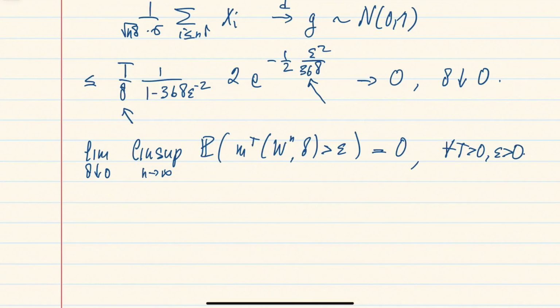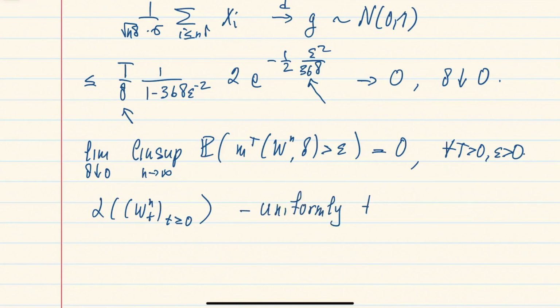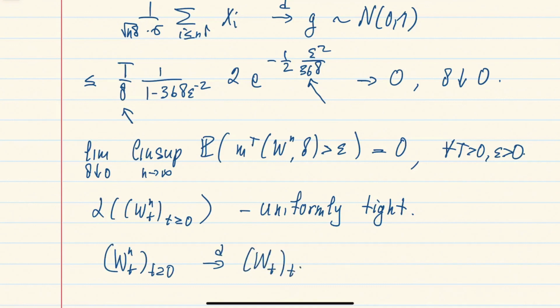So this proves that the sequence of the distributions, of the laws of these processes on the space of continuous functions is uniformly tight. And as a result, this finishes the proof of Donsker's theorem that as a process, this rescaled random walk converges to the Brownian motion on this space of continuous functions that we considered in the beginning.